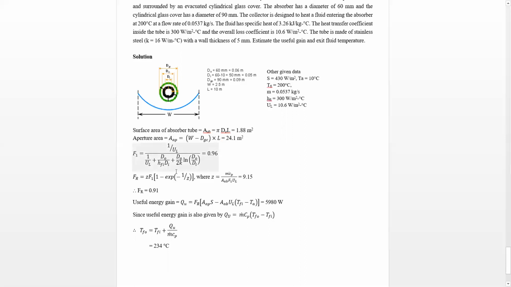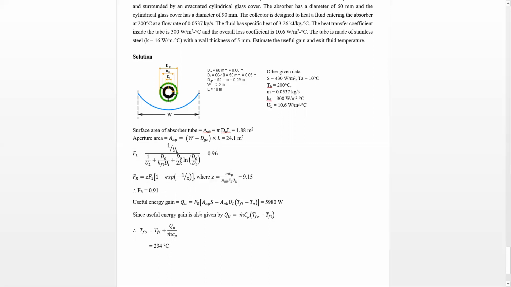Then we will use the collector heat removal formula F1. Then F1 is used in this expression for FR, where Z is m dot Cp upon AAB F1 UL. So Z comes out to be 9.15, which has to be put over here. Then FR becomes 0.91.